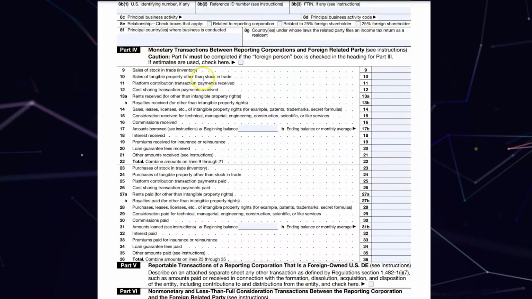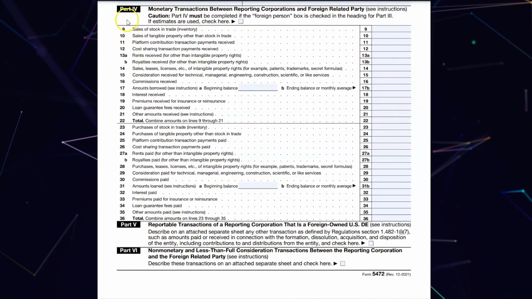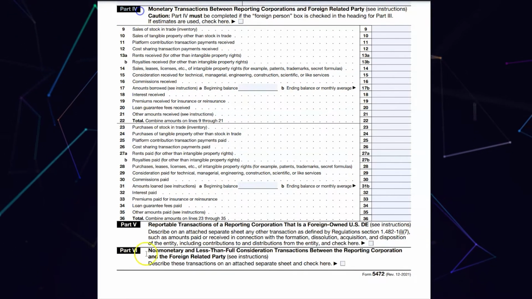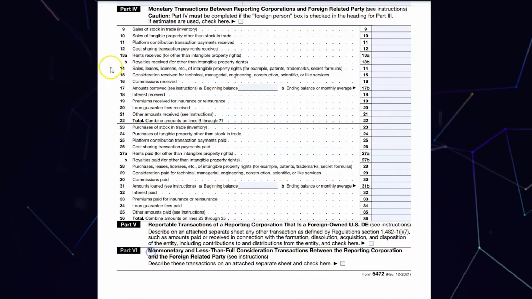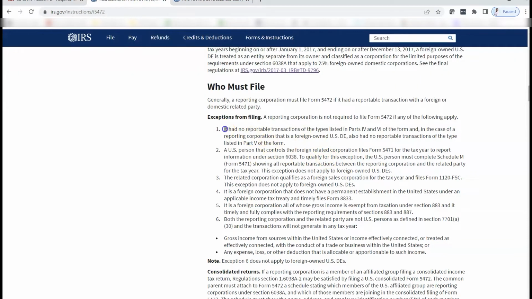So if you're a corporation, an LLC that has elected to be a corporation, or a foreign corporation, you should be concerned as to whether you have any transaction in Part IV or VI. And if you do not have any transactions in Part IV and VI, then the instructions say that you are exempted and not required to file Form 5472.